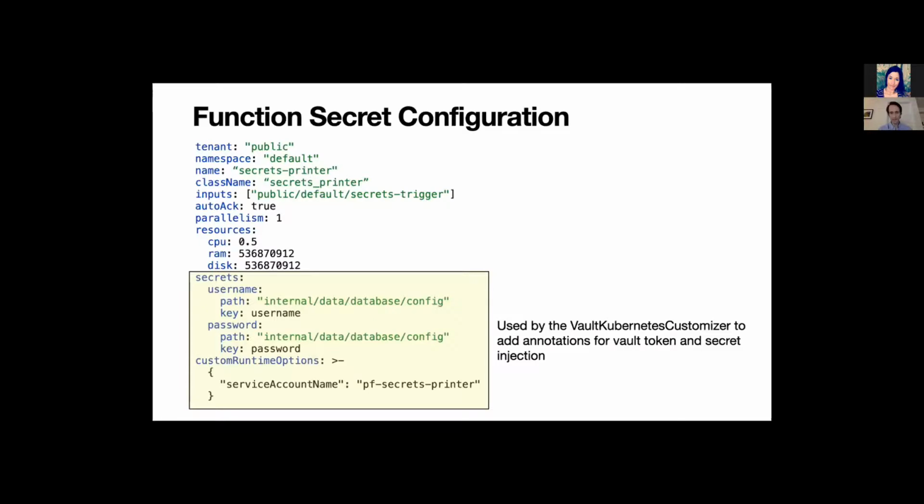These highlighted areas are used by the Kubernetes customizer to set the annotations on the pod for the function, as well as there's an option to set a specific service account.